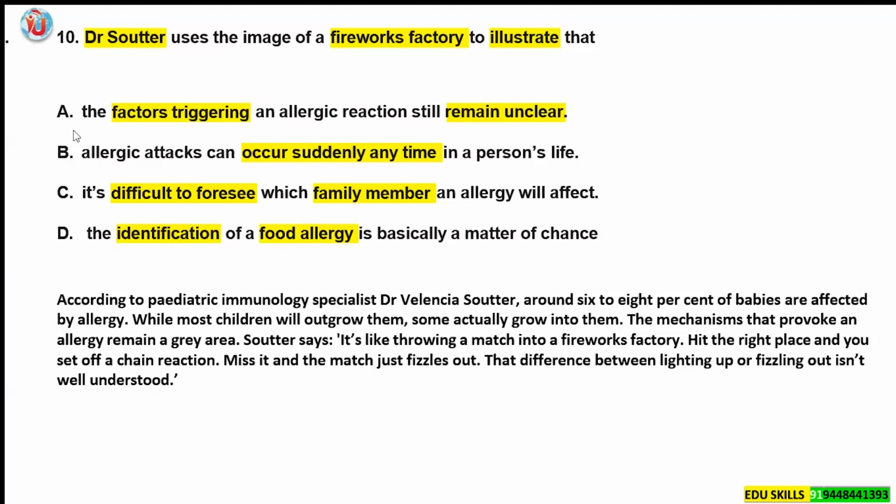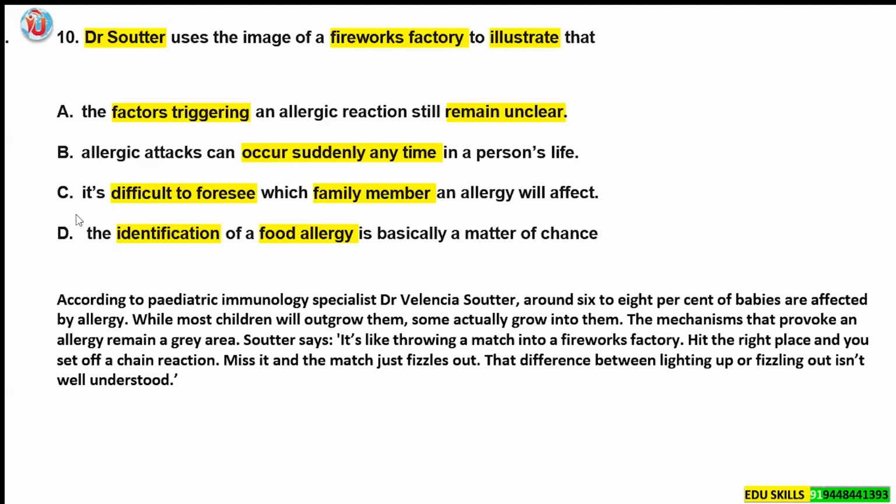Question number 10 and answer option A. The factors triggering an allergic reaction still remain unclear. Keywords: factors triggering and remain unclear. Answer option B. Allergic attacks can occur suddenly anytime in a person's life. Keywords are occur suddenly anytime.